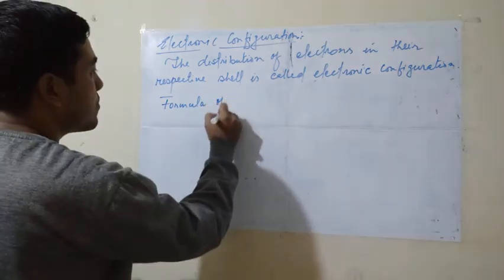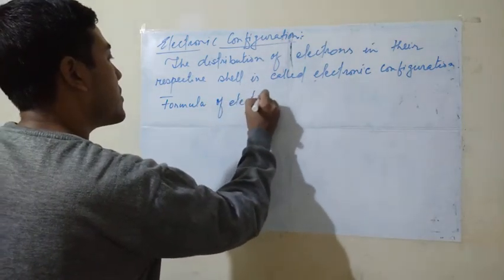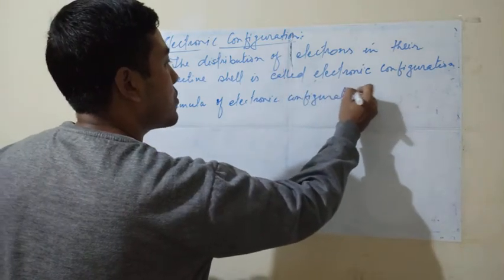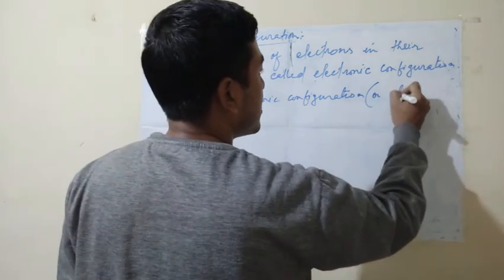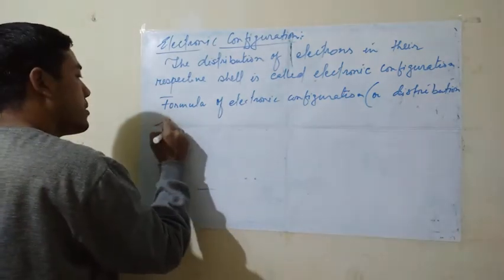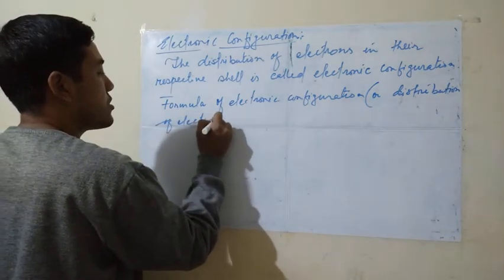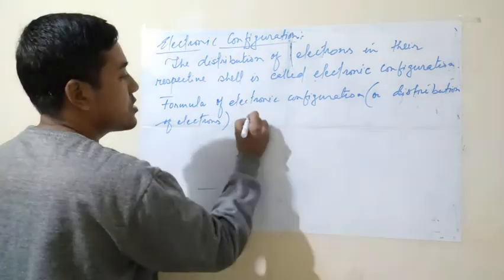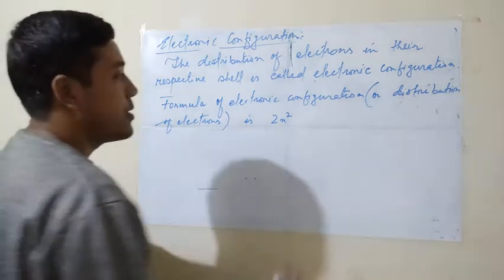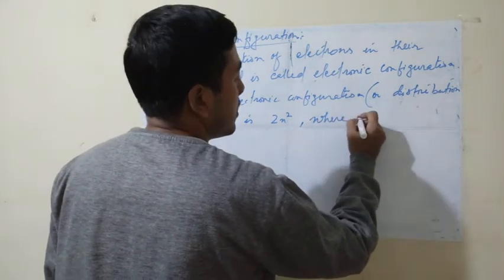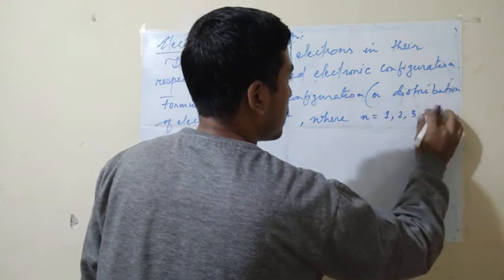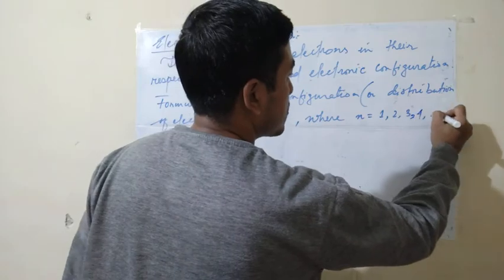The formula of electronic configuration, or we can write it, distribution of electrons, is 2n square, right? 2n square, where n is equal to 1, 2, 3, 4, and so on.